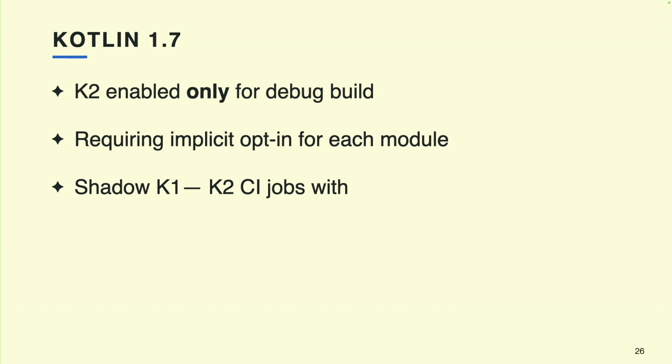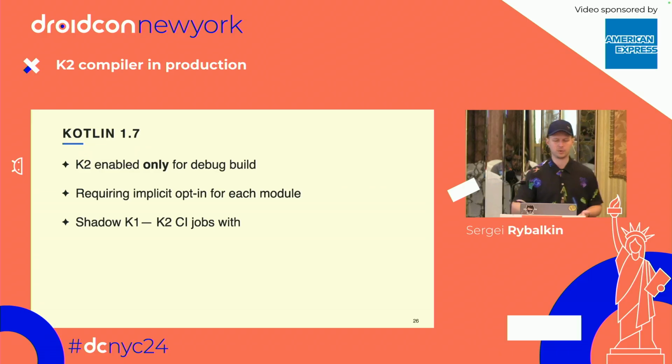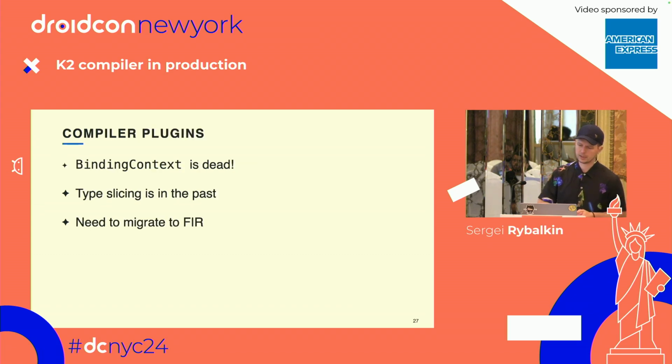We introduced the shadow jobs for K1 to K2 in CI that really brought a lot of context. And we started seeing how different these compilers behave, even though they are meant to compile the same code, and K2 didn't introduce any new language features at the moment.